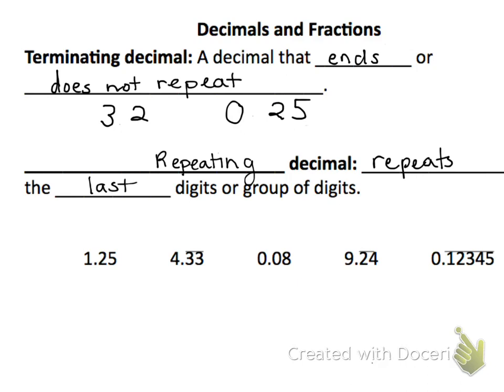Now, you can tell if a decimal is a repeating decimal because it usually has a line over the top to show that it goes on forever.